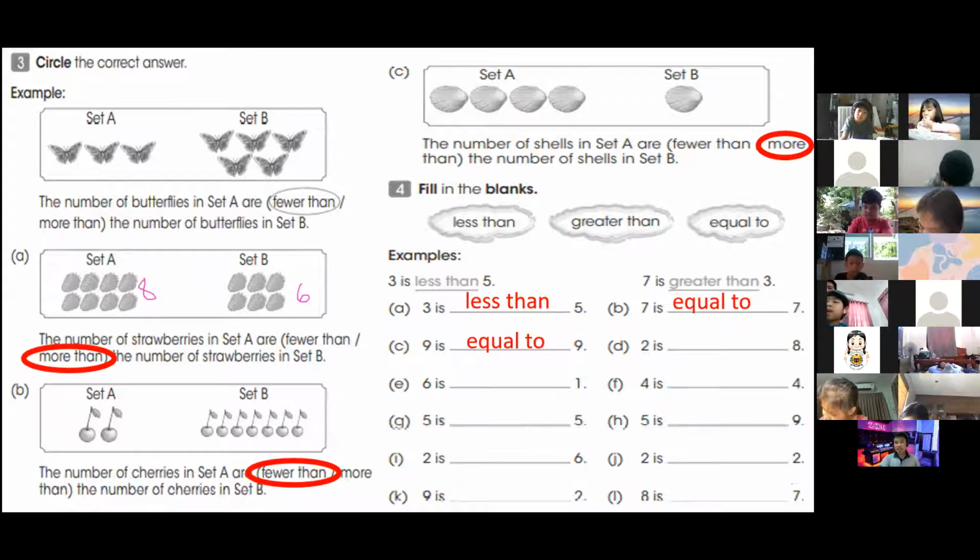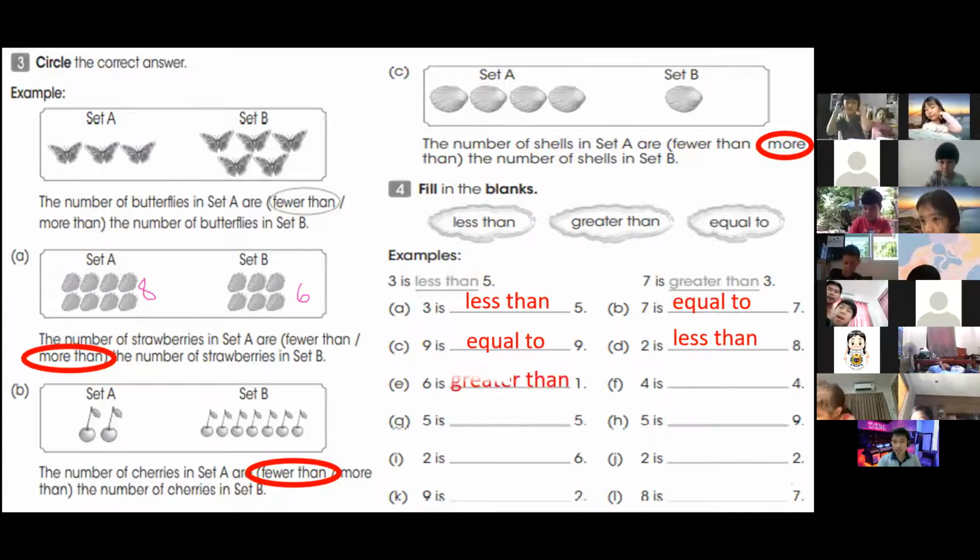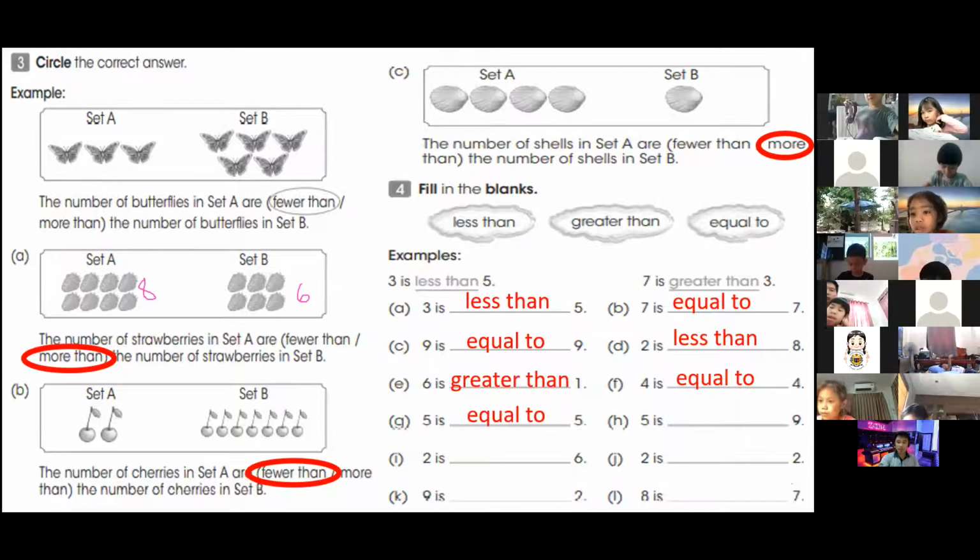Letter C, 9 is equal to 9. Letter D, 2 is less than 8. And letter E, 6 is greater than 1. And letter F, 4 is equal to 4. Letter G, 5 is equal to 5.